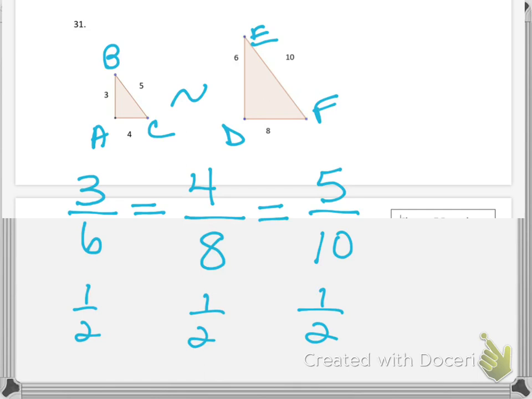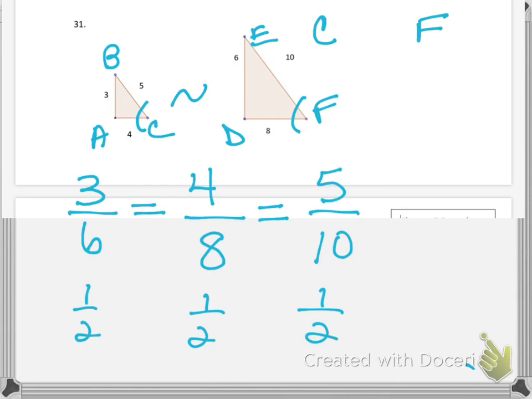What is the smallest angle? Well, the smallest angle is across from the smallest side. So C is the smallest angle, and F is the smallest angle in the bigger triangle. Those are congruent. So to do a similarity statement, start with C for the small triangle, start with F for the bigger triangle.